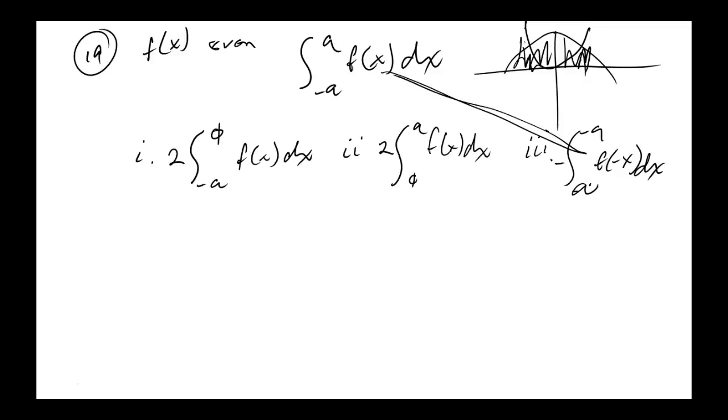I'm guessing D. And that is the answer. Because you see, number one, the even function f of x is equal to f of negative x. That's true. But any integral that you reverse, if you reverse the limits, then you negate the integral. So, I got that one wrong. I see it now.